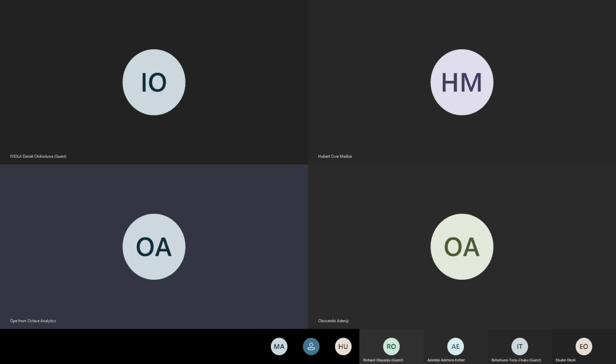Like you have your Basecamp, you have Trello, some even use GitHub. So from these various platforms, you can assign tasks and monitor task status, if it is done, if it's pending, or if it's a newly assigned task.